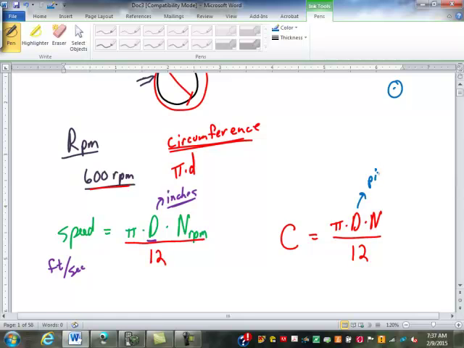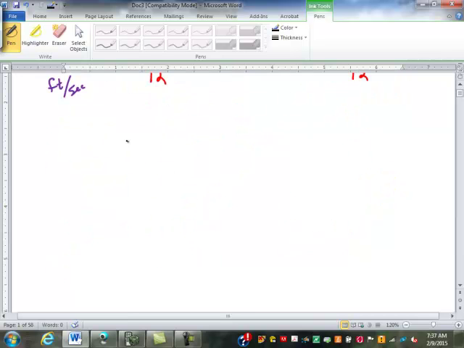I said diameter of the piece, but it could be the diameter of the piece or the diameter of a milling tool. So let's say that we have a 1.5 inch round piece of stock in a lathe, and it is spinning at 400 RPM.